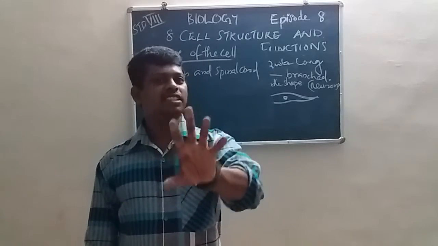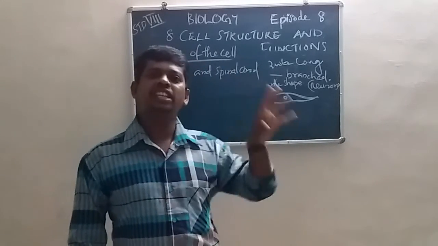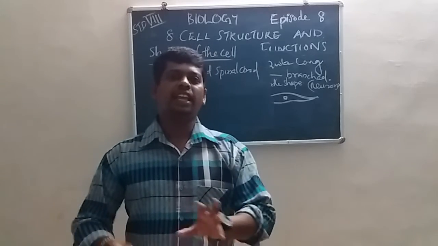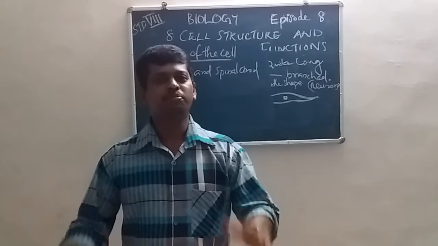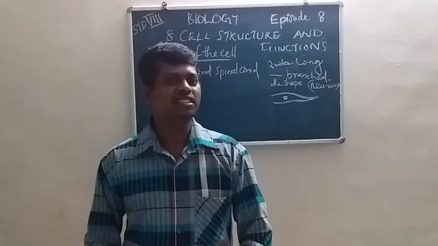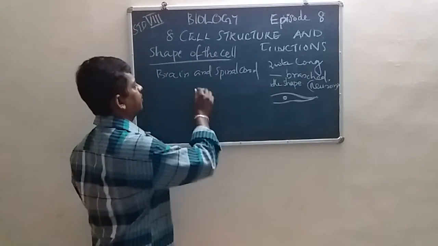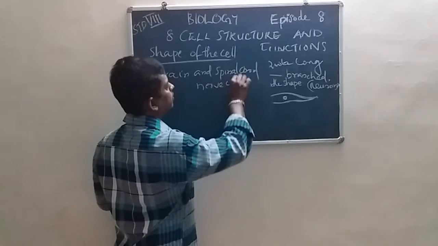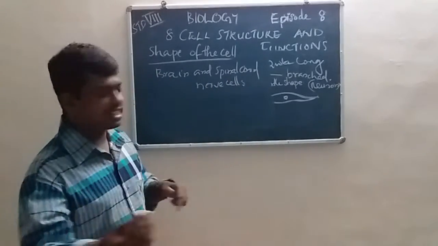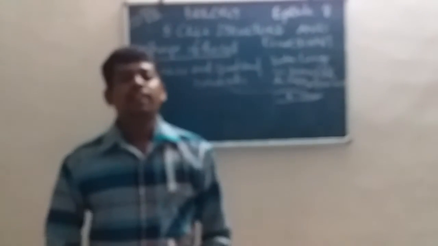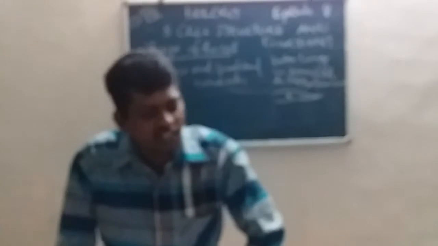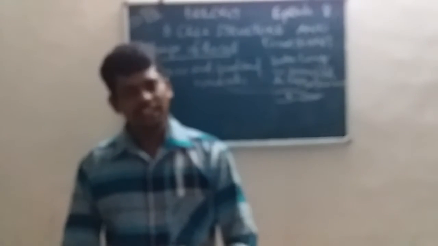Its basic structure is nerve cells, otherwise known as neurons. The neuron is the basic structural part of the brain and spinal cord.